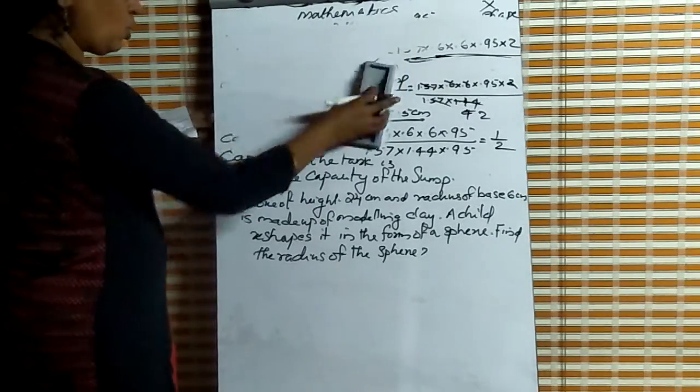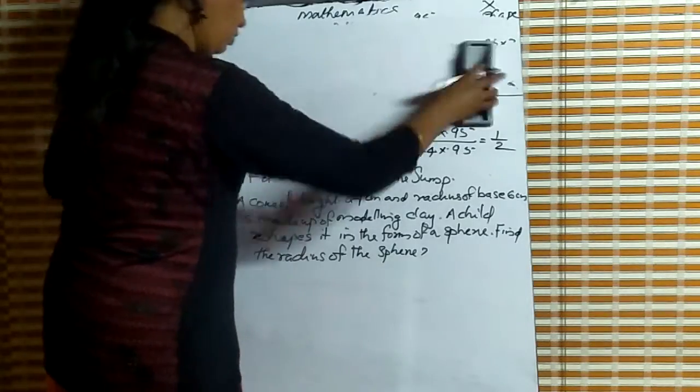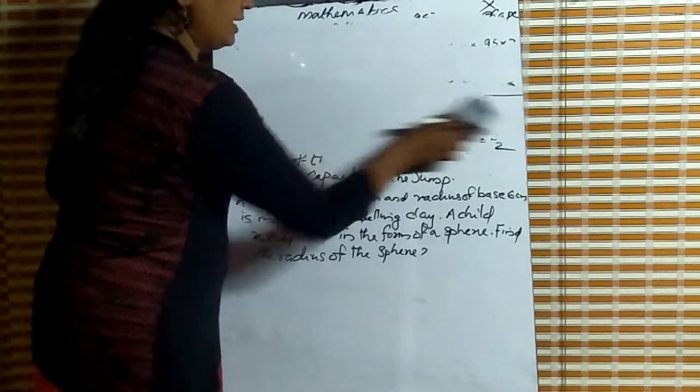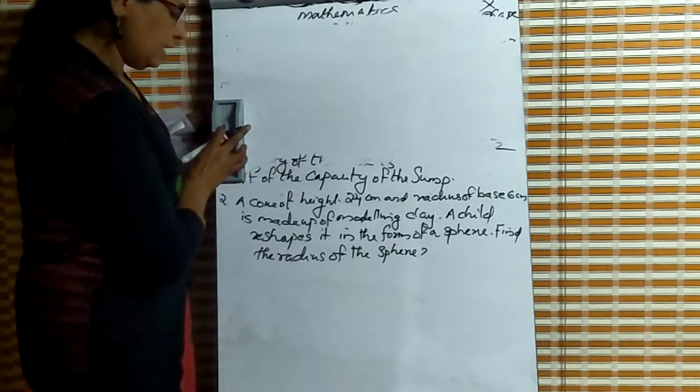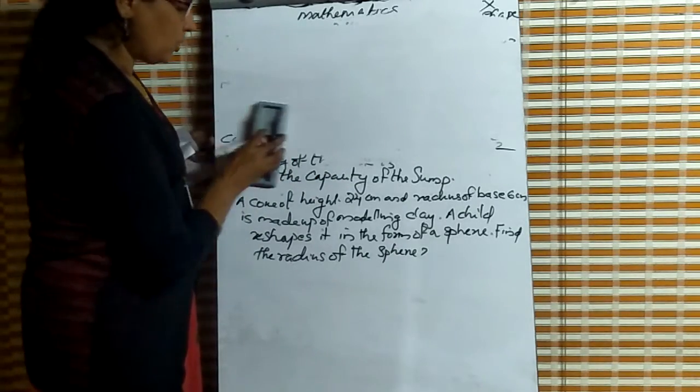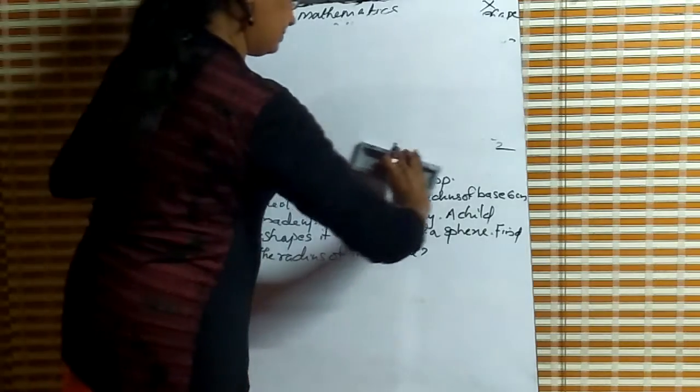Here, a cone of height 24 centimeter and radius of base 6 centimeter is made up of modeling clay.